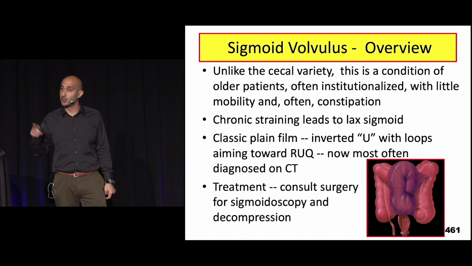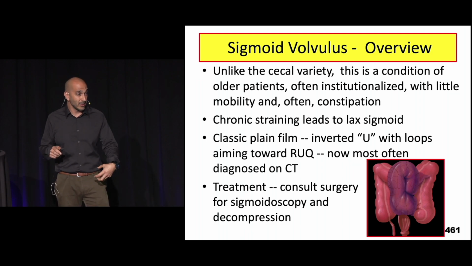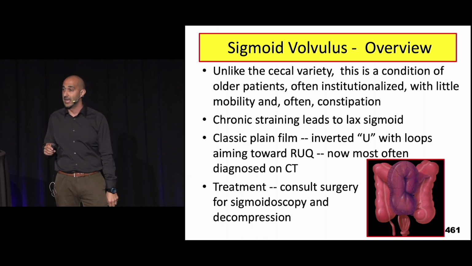The treatment for these is you consult surgery, and it happens down in the sigmoid colon, which is close to the rectum. They can get a sigmoidoscopy and actually get that thing fixed, which is minimally invasive, less invasive than open surgery. If that doesn't work, they'd have to do open.